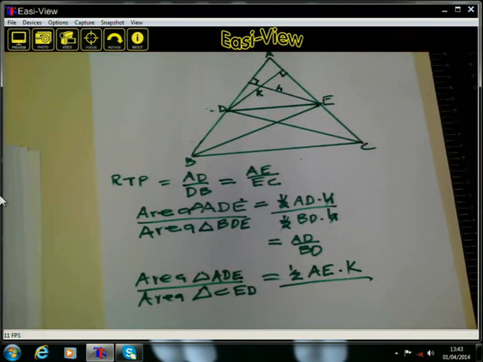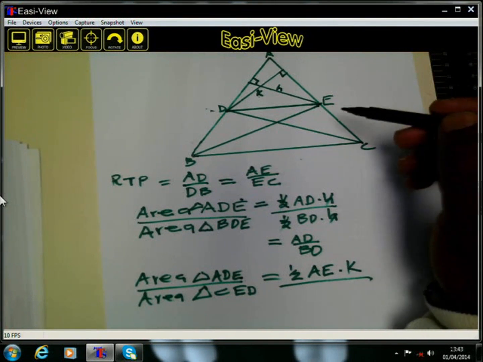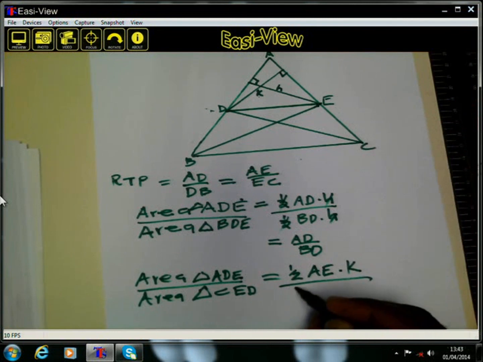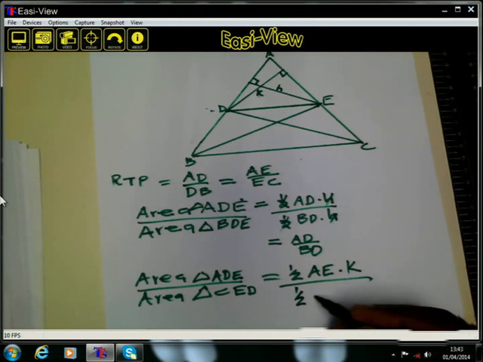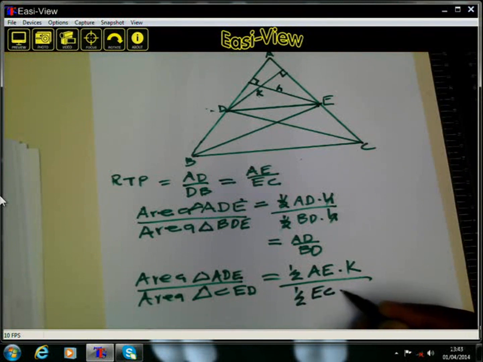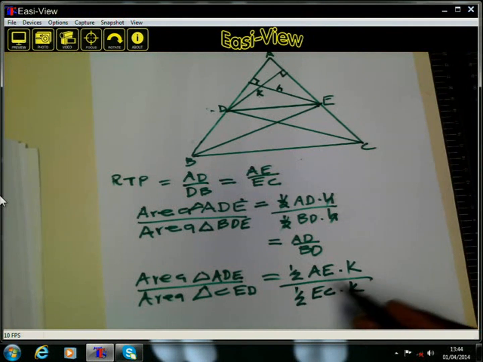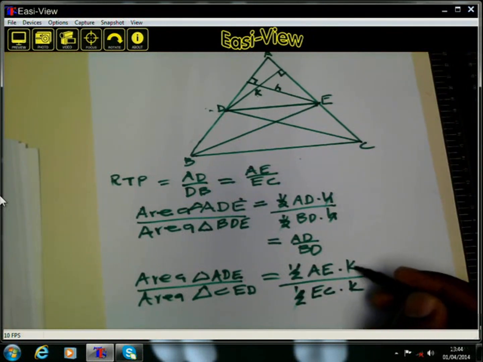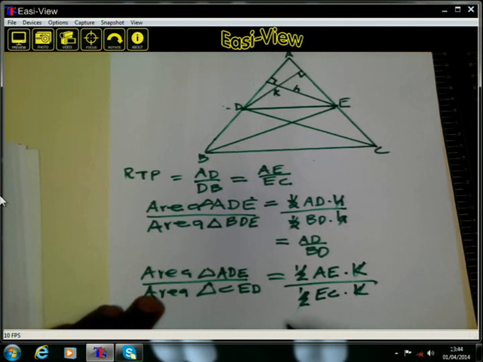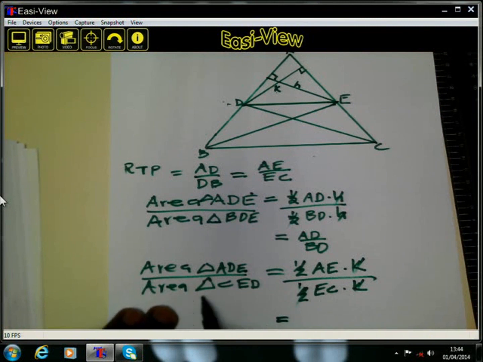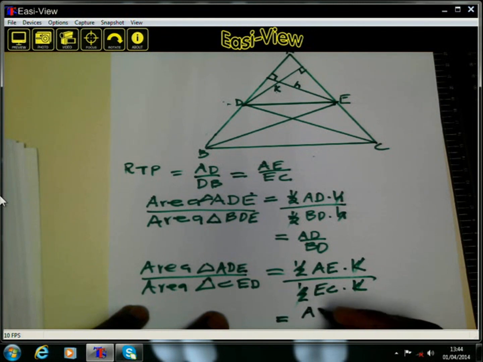Now, the base for this triangle will be EC. So we're saying half of EC multiplied by K. Remember, the height is now outside. Now, the half will cancel the half and the K will cancel the K, and this will imply that area of triangle ADE over area of triangle CED is equal to AE over EC.